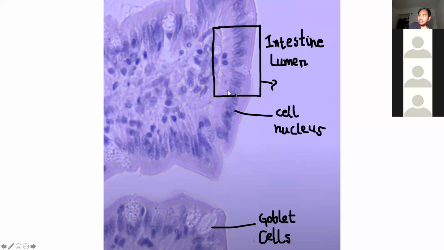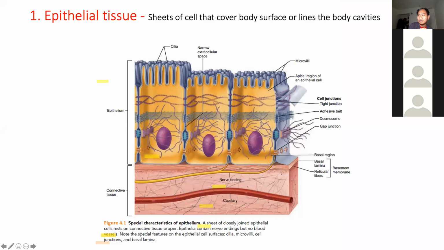And you start seeing the individual shape of the cells. Now you can see, like one cell, another cell, another cell, they are sitting on another tissue, which is the connective tissue.